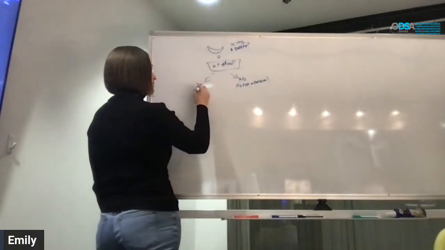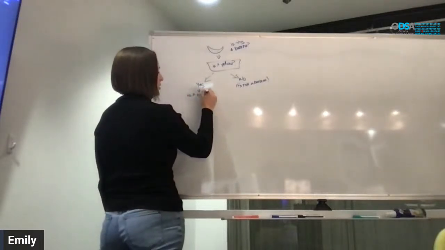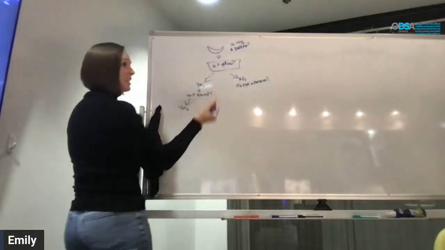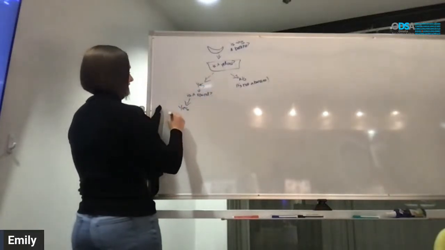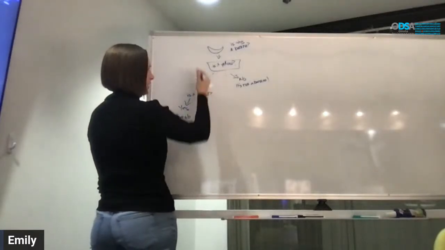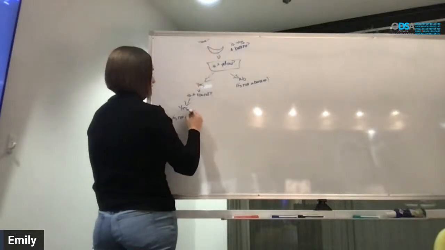Roundish, you know? Because if it's round, then it's not a banana. It's an apple. Let's say a banana is oval. You get the concept.